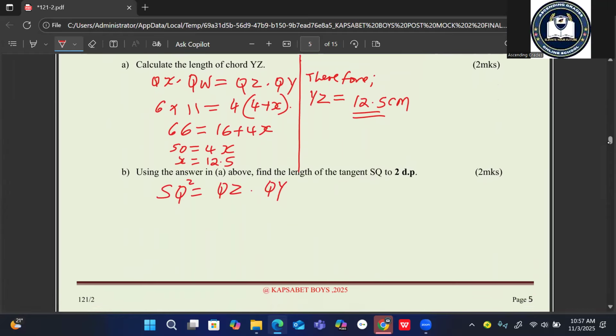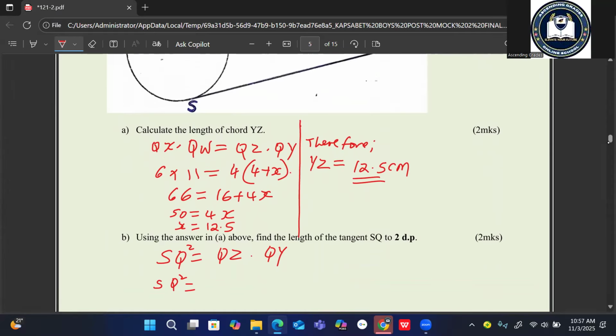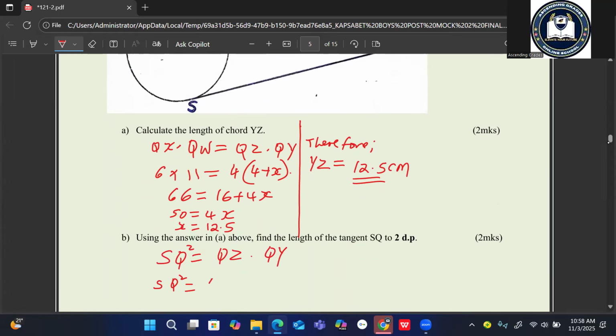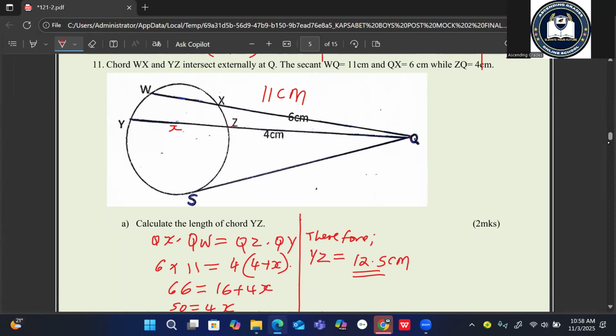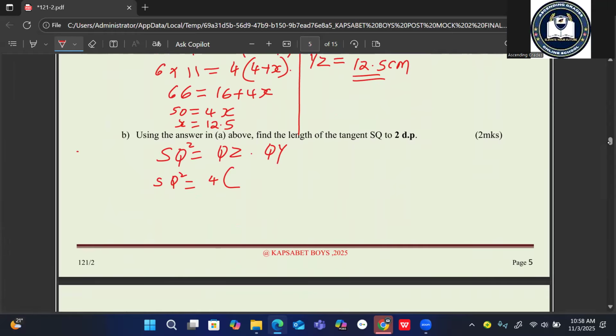So SQ squared should be equal to our Qz, which is 4, multiplied by Qy, where Qy is equal to 4 plus x, which is equal to 4 plus 12.5.